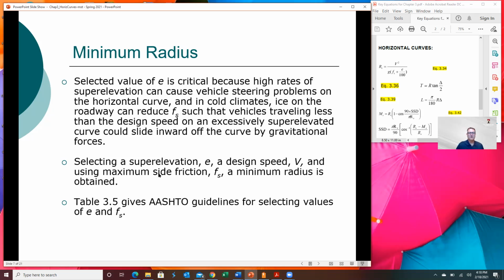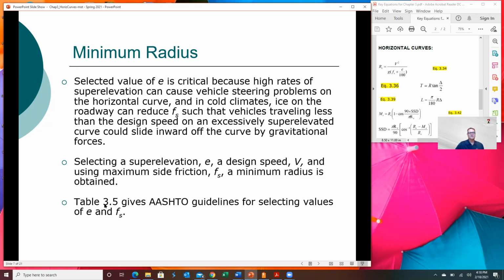So by selecting a superelevation, E, and a design speed, V, which is the speed of the vehicle, and using a maximum side friction, you can get a minimum radius. Table 3.5 in your book is important for understanding these concepts of superelevation and side friction.